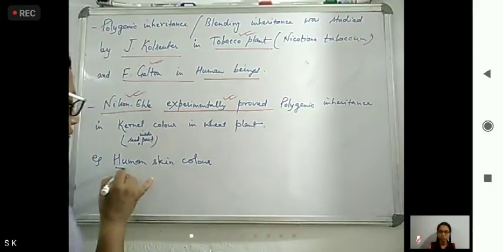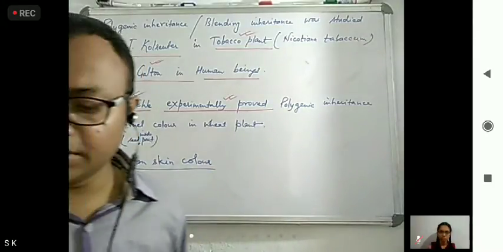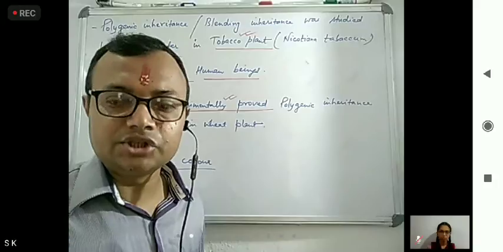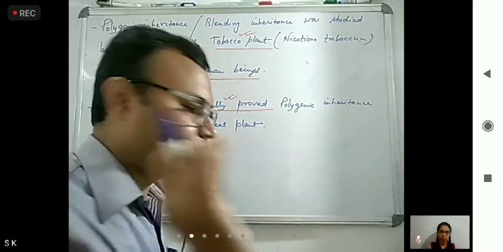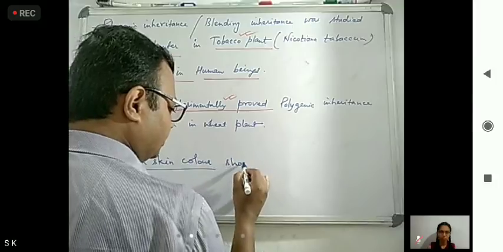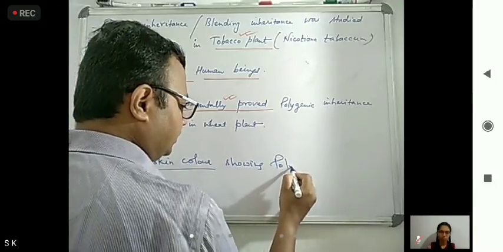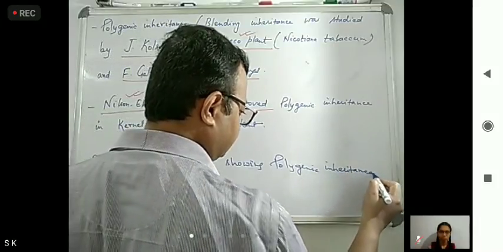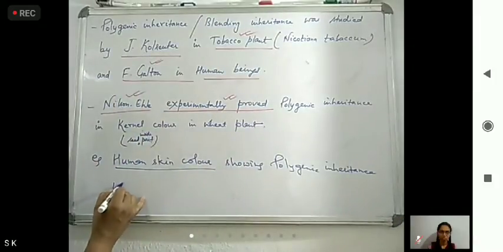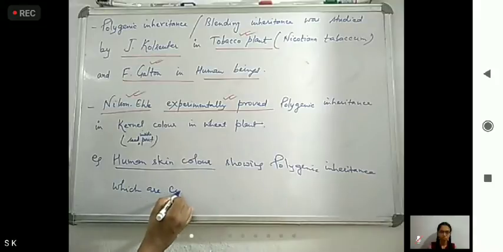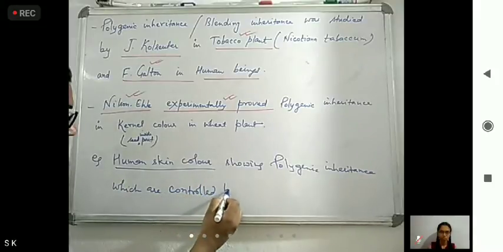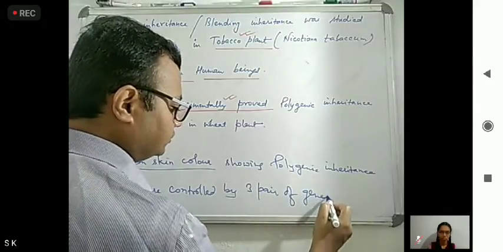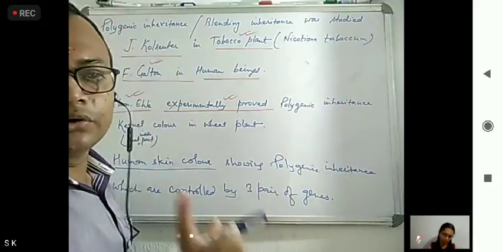This human skin color shows polygenic inheritance, which is controlled by three pairs of genes. How many pairs? Three pairs of genes.